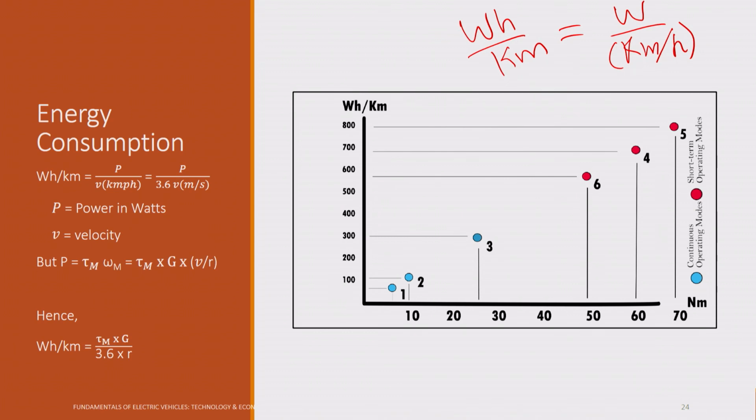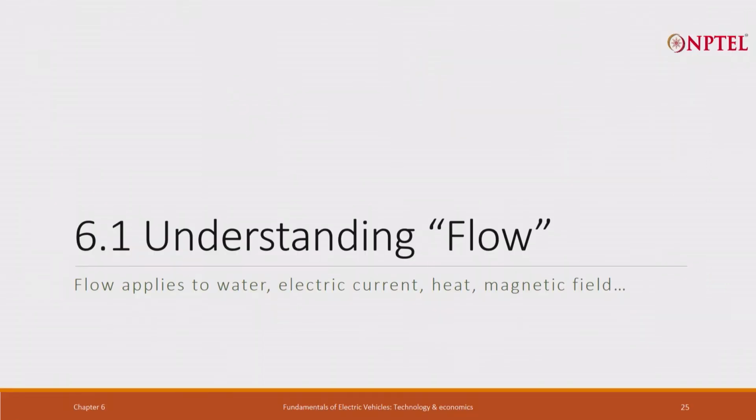Can you tell me why? Why are all these dots on one straight line passing through the origin? Yeah, the answer comes from this. If I put torque is 0, then watt hour per kilometer is 0, and after that it is just a straight line, linear proportion. Feel free to ask me.